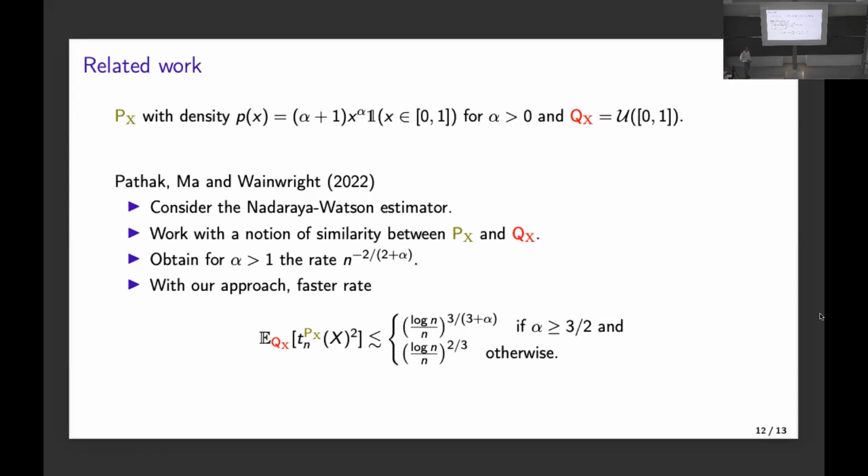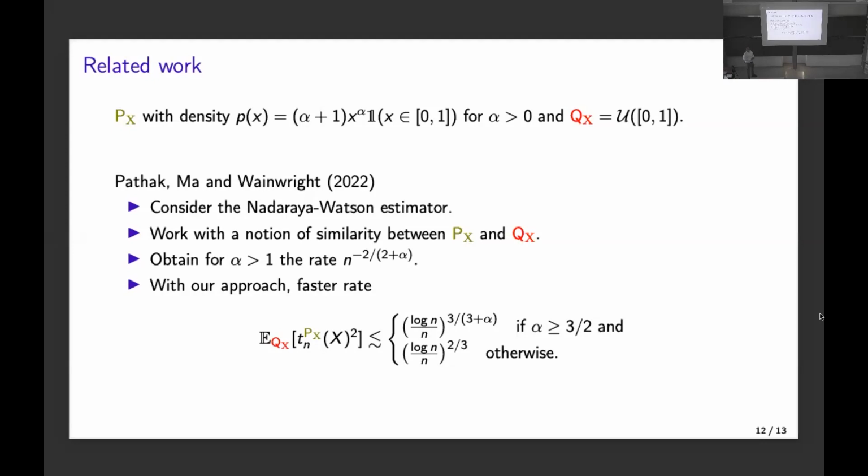They consider the Nadaraya-Watson estimator, and they have an assumption on some similarity measure that they derive between the source and the target distribution. One little remark is that it's really interesting because the similarity measure they come up with is in some sense similar to what I could obtain if I built a similarity measure with our result, but a bit different.